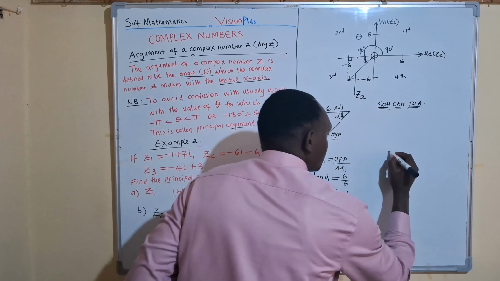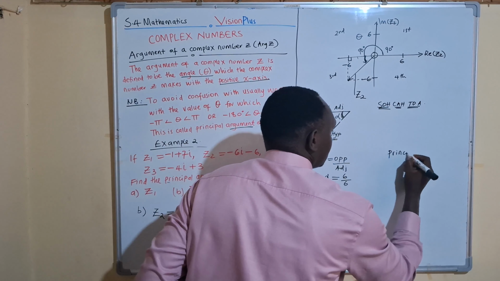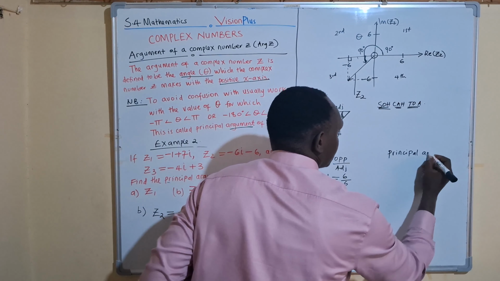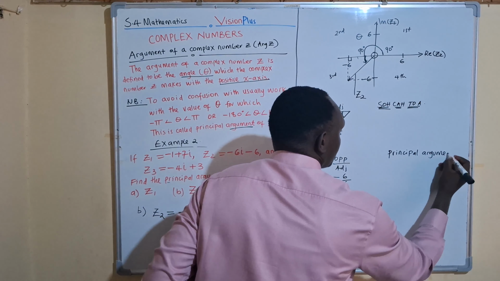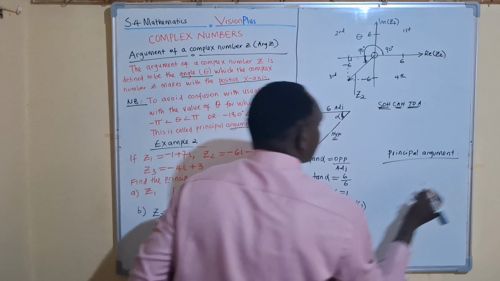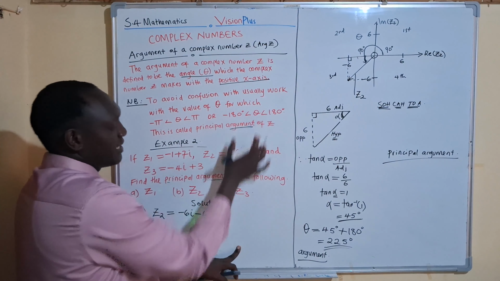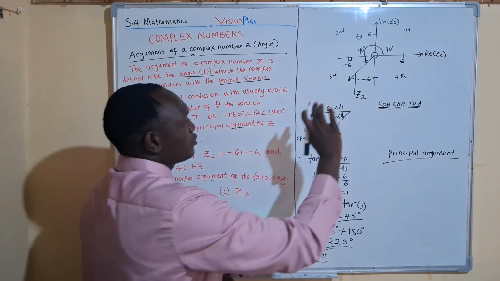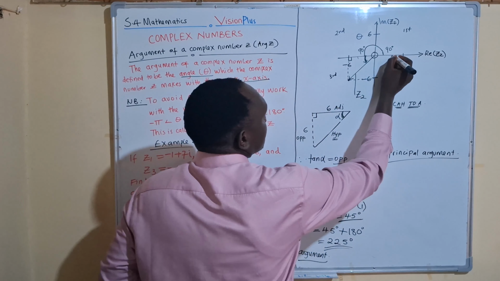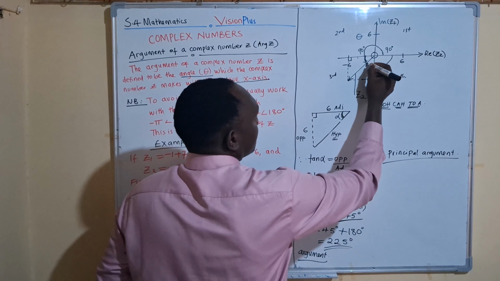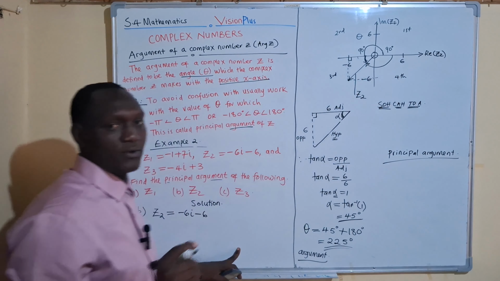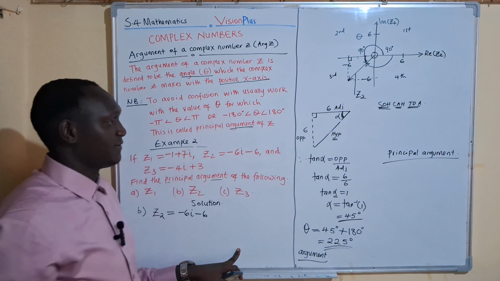But now to get the principal argument, we need a value of the angle which lies in this range. Since this one is bigger, we need to measure it clockwise so that we get a small angle we can fit in this range.